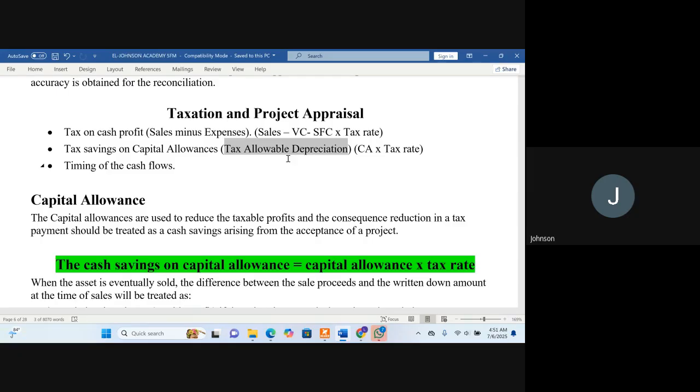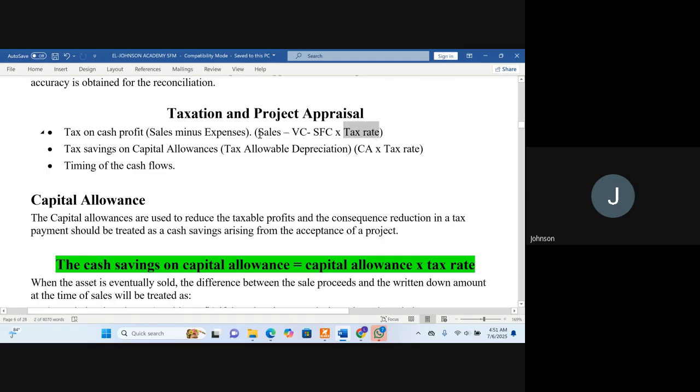But what is allowed is what we call tax allowable depreciation. So this tax allowable depreciation, you have to minus it from the profit before you charge your tax on that profit. But what we are doing is that we first charge our tax.